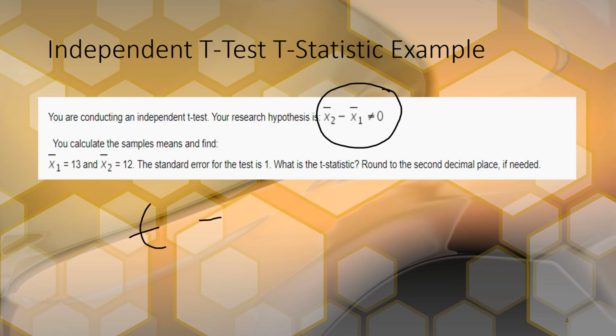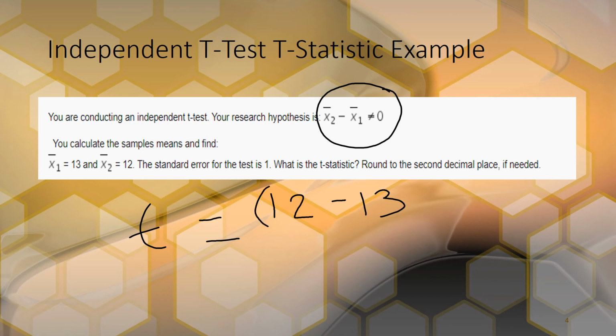So we're going to do t equals, and so remember for an independent t-test, it's the subtraction of both of them. So we're going to do 12 minus 13 because that's how your null hypothesis is written. So you want to be consistent.